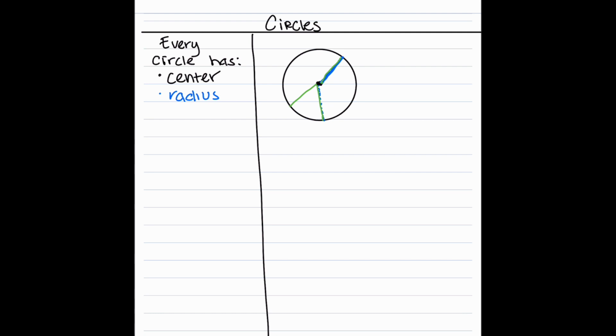Okay, circles also have what is known as a diameter. That's a D. And a diameter is a line that goes through the center but goes all the way to the end. So all the way through the center like that.